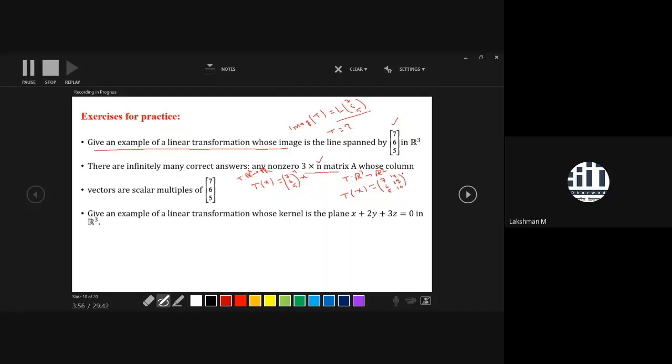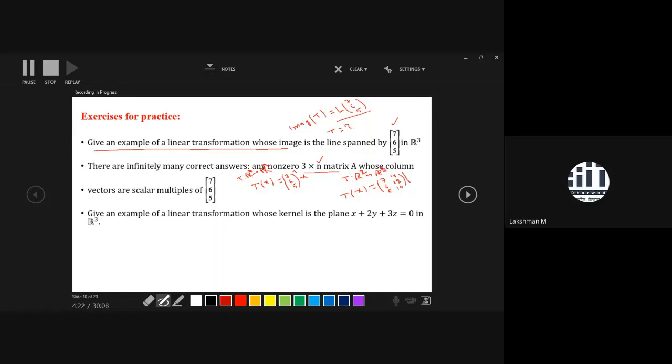This one is the transformation where the target space is fixed, and the domain space depends upon what kind of domain space you want to take. Suppose you take R2 as the domain, and the target space is R3.